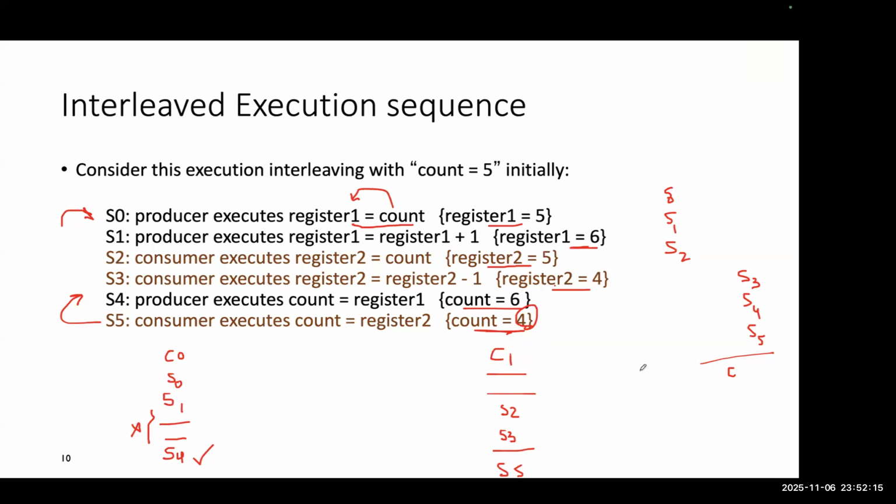It all depends upon the scheduler, who is allowed to run first. If the scheduler ends up having an interleaving which gives the correct result, then you will get the correct result. If the scheduler ends up having a schedule where the interleaving is not correct, then you will end up having an inconsistent result or inconsistent data.